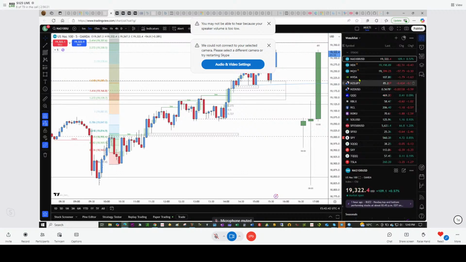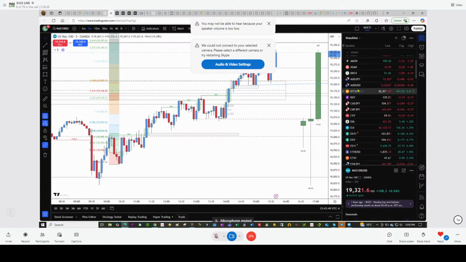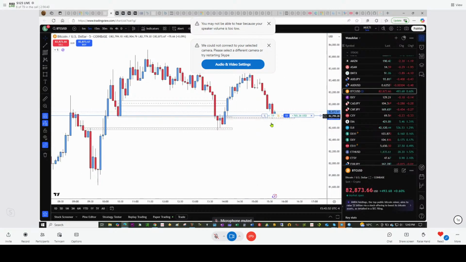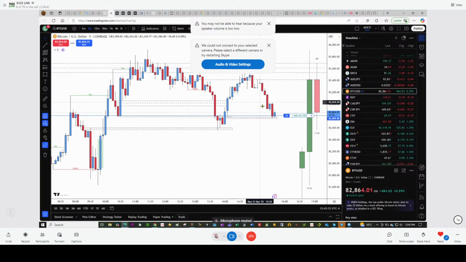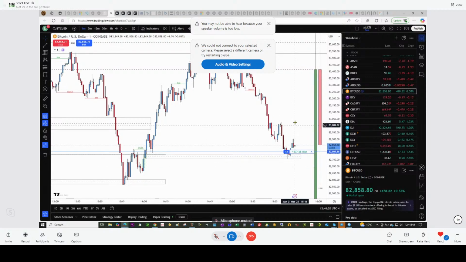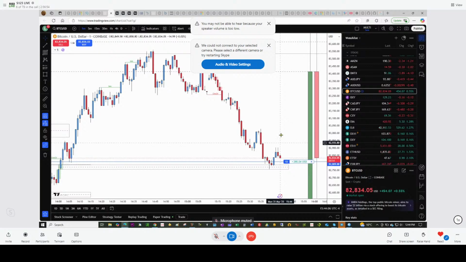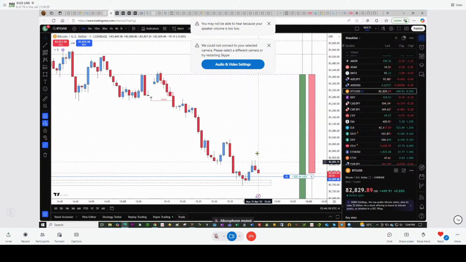So I jumped into Bitcoin in any case to catch the move back to the upside like these guys are doing from the bottom. And they're giving me a nice little bounce here from this last gap on the 1 minute, which is right there. We're getting that bounce. So we should push up, just like the indices are doing from that gap.